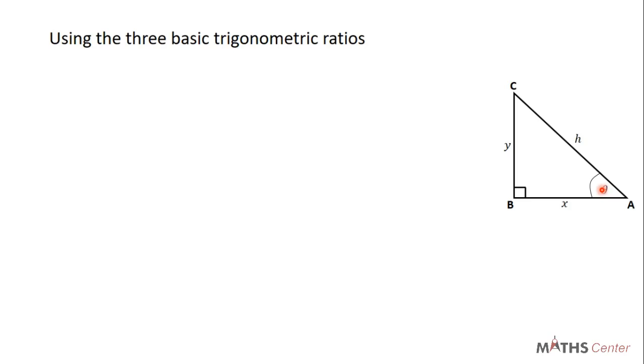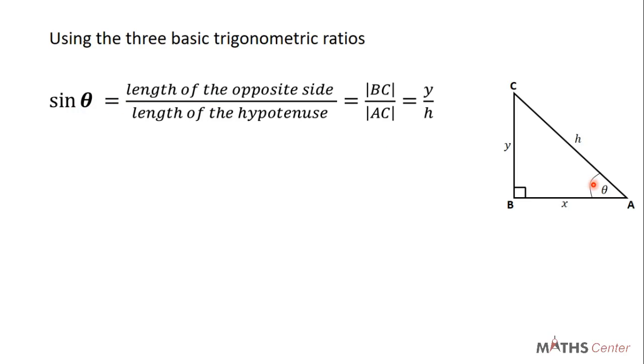So here we know that here is theta, this side X is our adjacent, this is opposite, and this is hypotenuse. We are going to take the first one, which is sine. So we are saying that sine of this angle here, so sine theta, is equal to the length of the opposite side, which is Y, divided by the length of the hypotenuse, which is H. So if you take a right angle triangle, sine of an acute angle in the right angle triangle is equal to the length of the opposite side over the length of the hypotenuse.